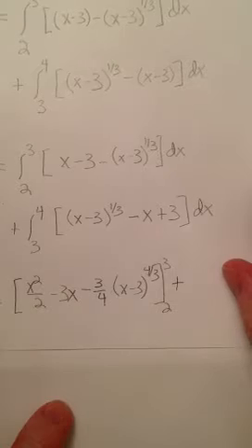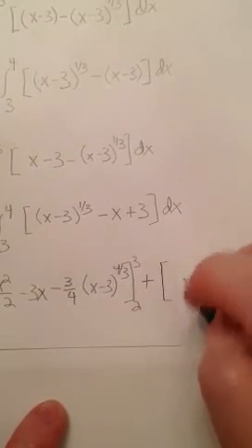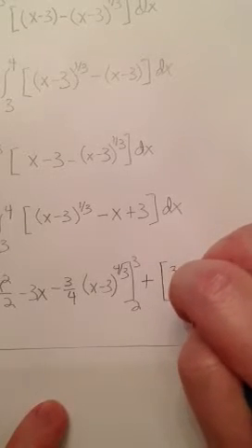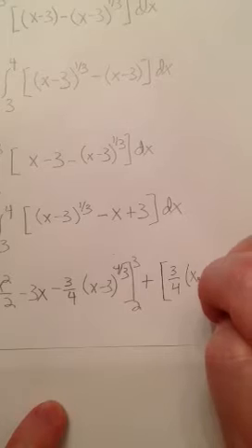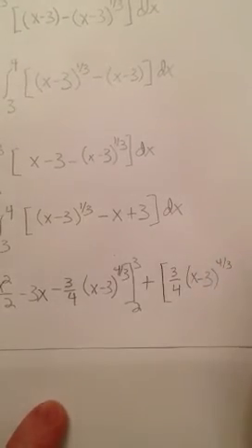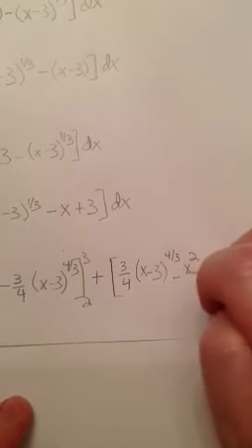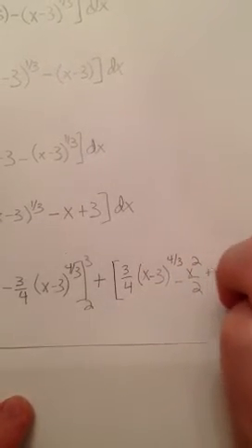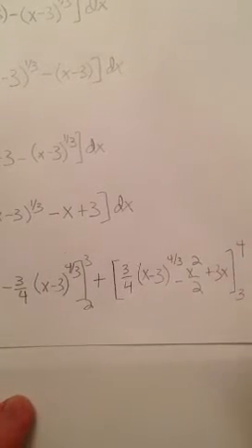As we proceed from 3 to 4, again we have the antiderivative. This time we have 3/4 of x minus 3 to the 4/3 minus x squared over 2 plus 3x, as x goes from 3 to 4.